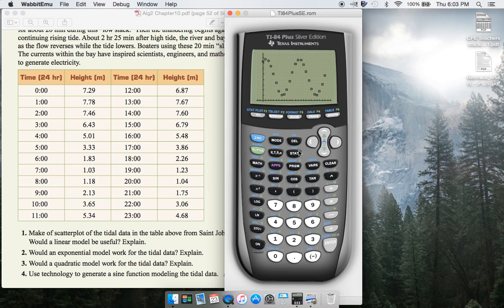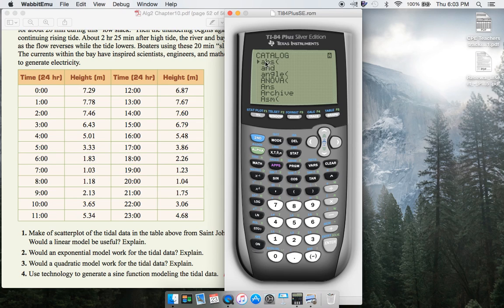To do that, first we'll quit, exit out of there. If we're going to use technology to model this, we have to turn our diagnostics on. Sorry about that. Press second 0. I'm looking for the letter D. Okay, here it is.